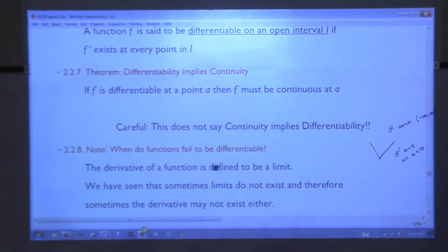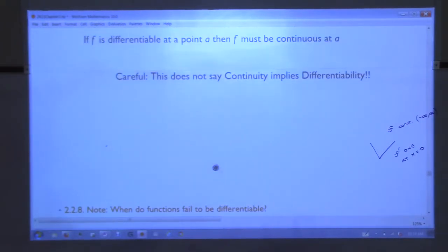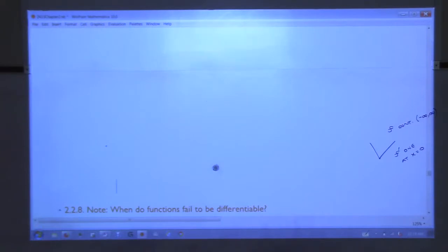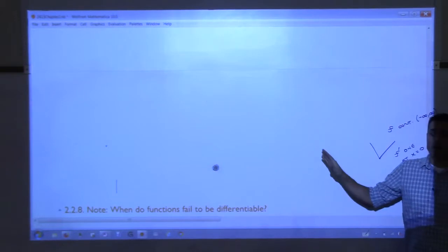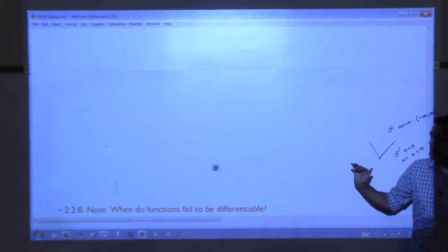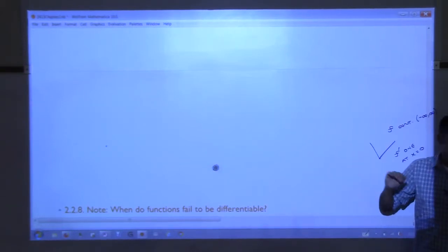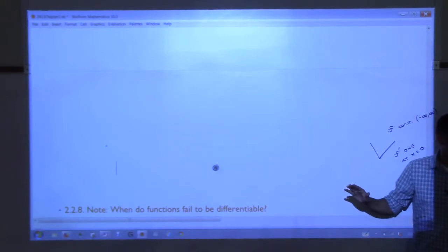There was a very, I'm not going to say it was an important problem, but mathematicians like to ask questions that are often useless but profound. A question was asked: is there a function out there that is continuous everywhere, that you can draw without picking up your pencil, but nowhere differentiable?